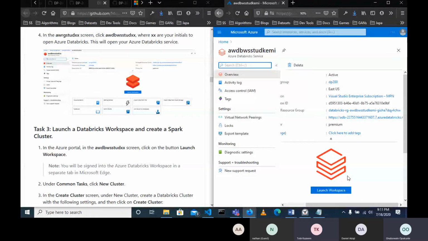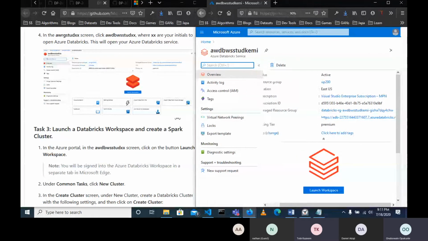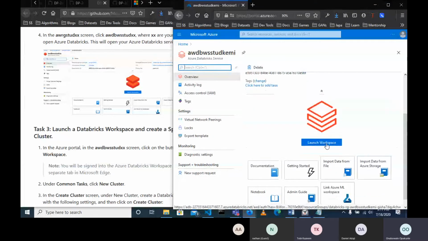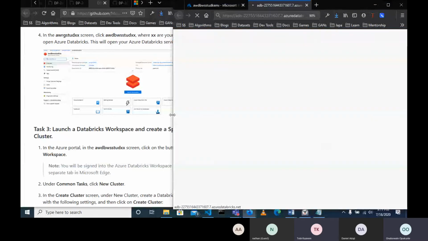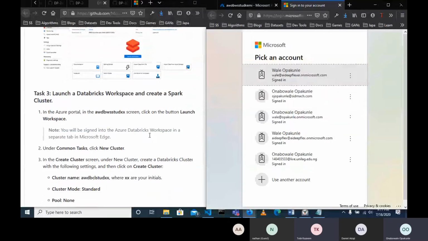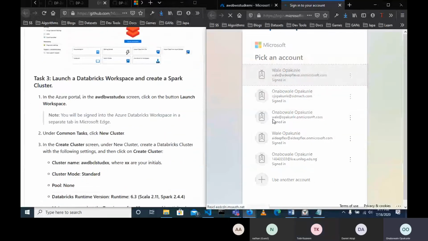So we can see that the deployment seems to be successful. Let's launch Databricks now.